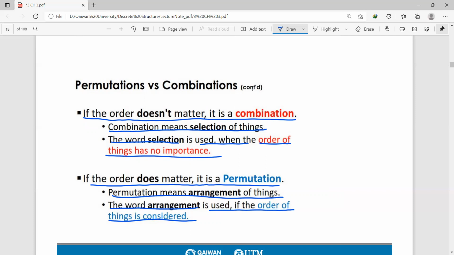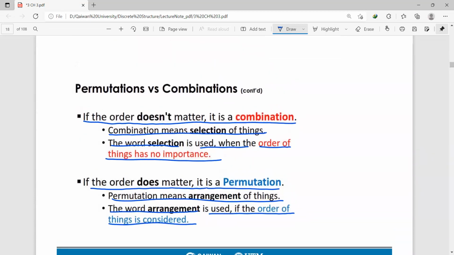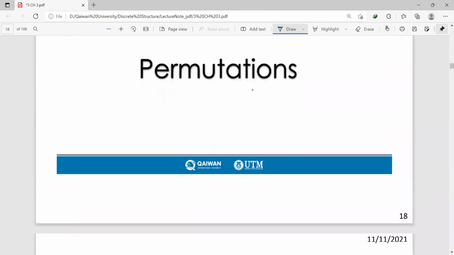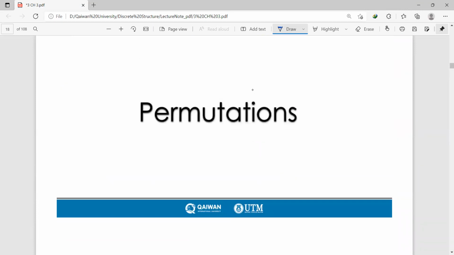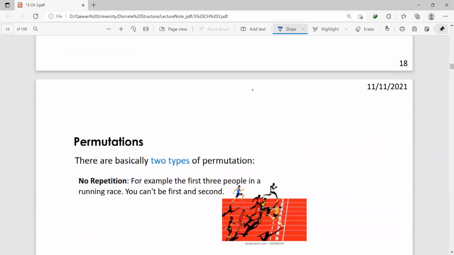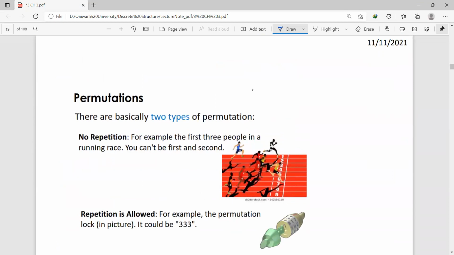So that's the difference between permutation and combination. First, we talk about permutations, and then we talk about combinations. For permutations, there are basically two types of permutation.